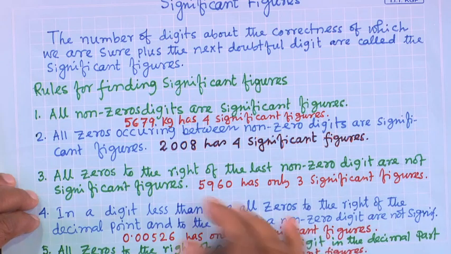There is an ambiguity in this rule. If you feel it is difficult to digest, accept it. In a practical case, if you think that this 0 is significant, you cannot ignore it.